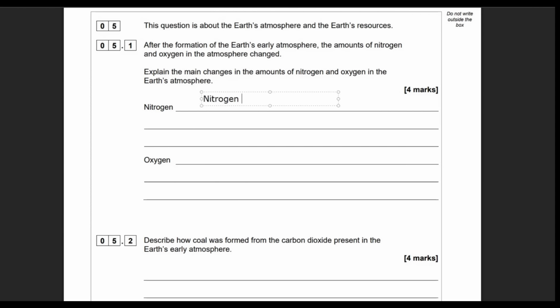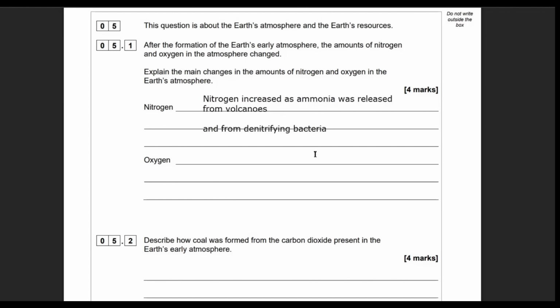So nitrogen increased as ammonia was released from volcanoes, and from denitrifying bacteria. They're the bacteria in the soil that take nitrates in the nitrogen cycle and return them to the atmosphere as nitrogen, N2.